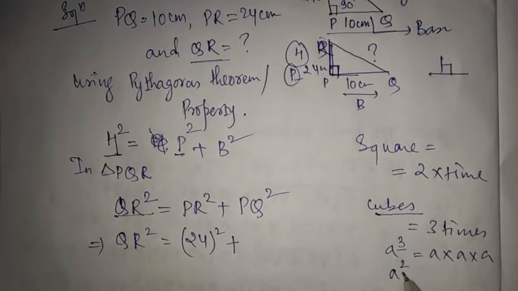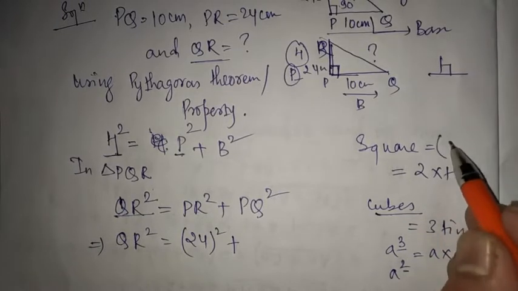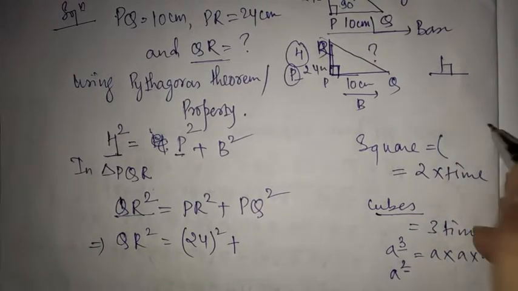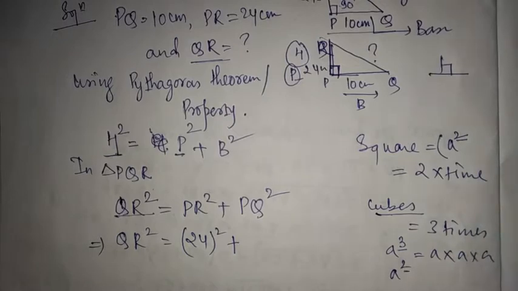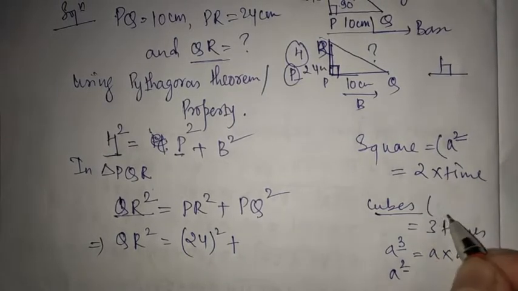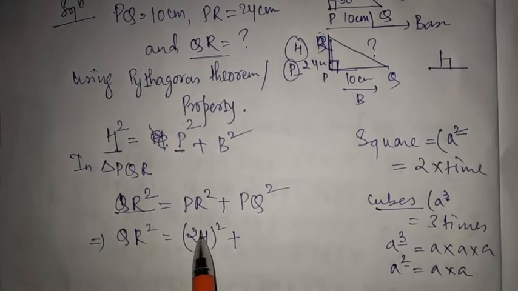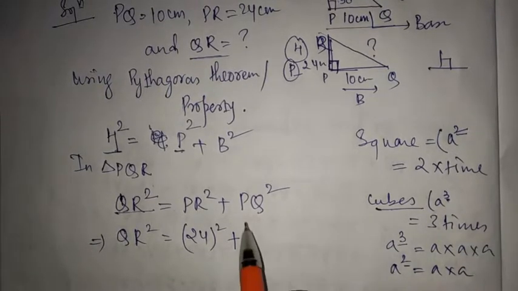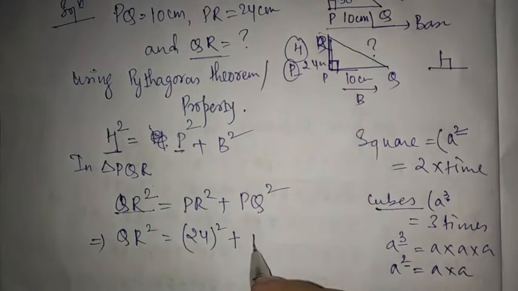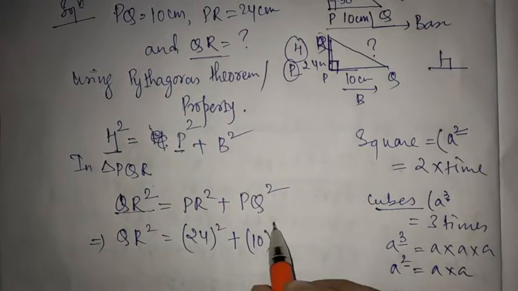This 2 is called square, 3 is called cube. Square means at the power, at the head, it will have this number 2, and if they have cube, they will have 3 on their head. This is called exponent or power. a square means a into a. Similarly, 24 square means 24 into 24. Similarly, the value of PQ is given, 10 square.